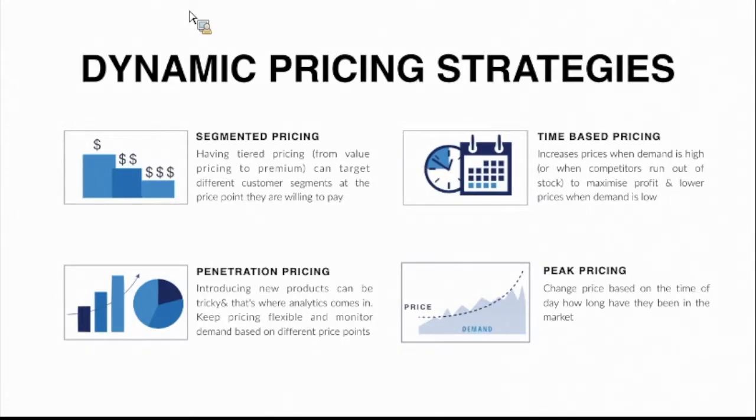Penetration pricing: introducing new products can be really hard, and for the price point that you introduce the new product at, you need to have a very good analysis on top of it. So penetration pricing is important. And peak pricing: you change price based on the time of the day and how long they have been in the market to adjust for the price changes.